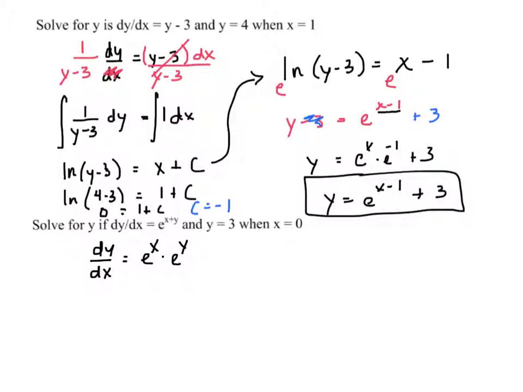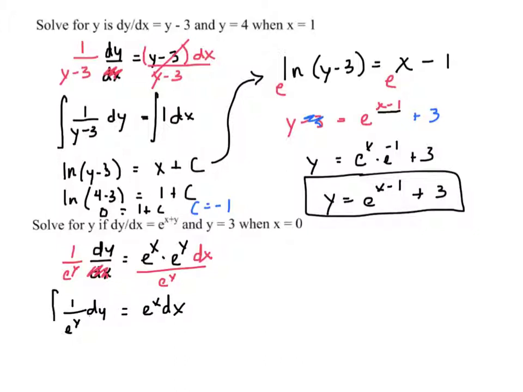So these two things are equivalent, but it makes it easier to see that you're going to multiply by dx and divide by e to the y, like that. So you have 1 over e to the y dy equals e to the x dx.